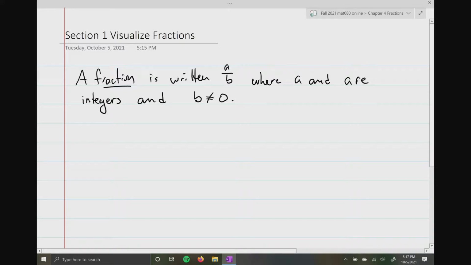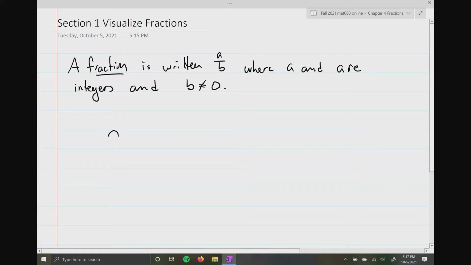Okay? If I blow up the fraction and write it again, there are names. The top of the fraction is called the numerator, and the bottom of the fraction is called the denominator.